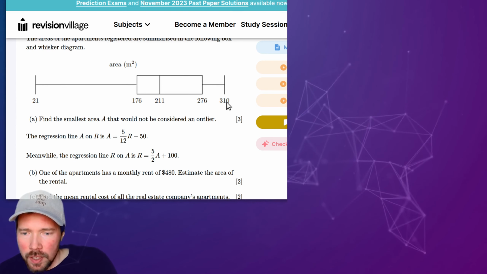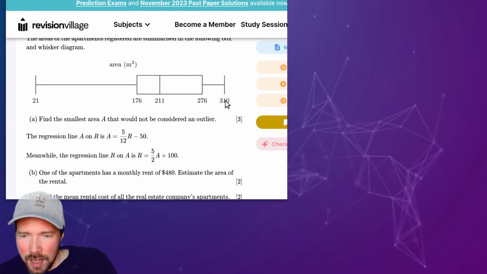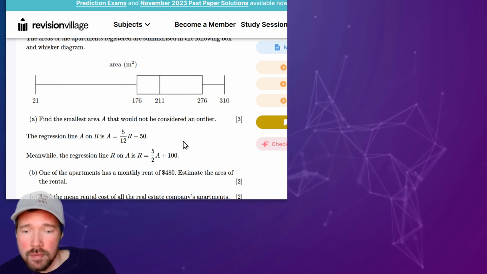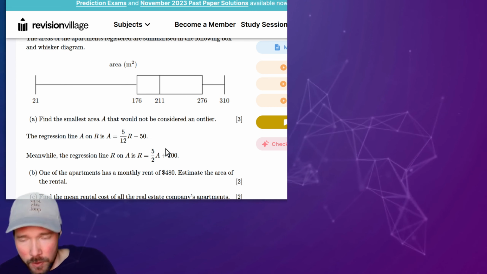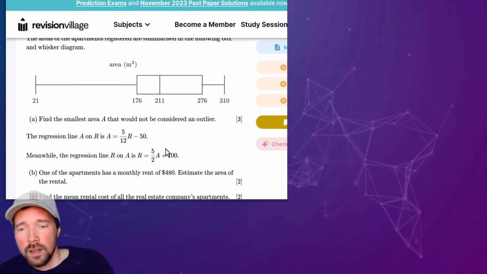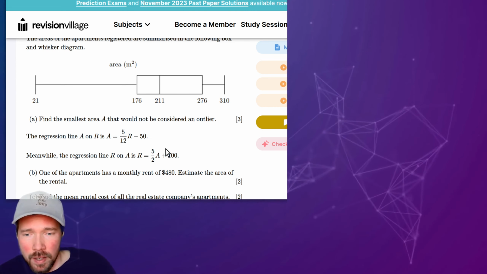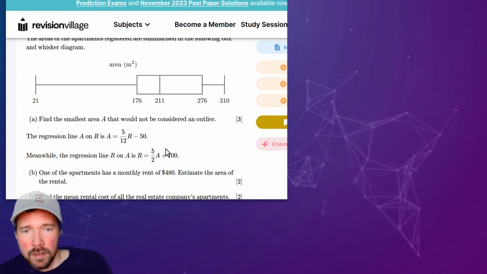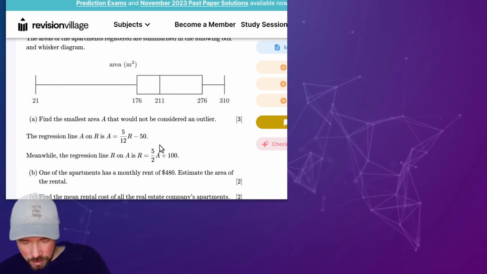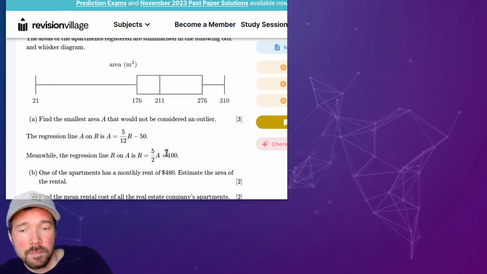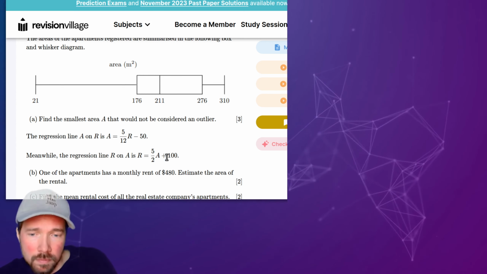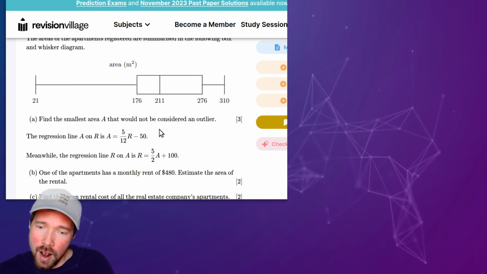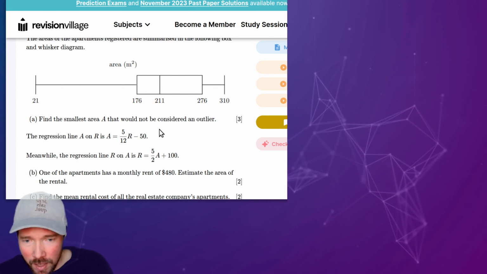The regression line of A on R is this. If we estimate the area from the rent, we get this line, but the regression line of R on A is this.